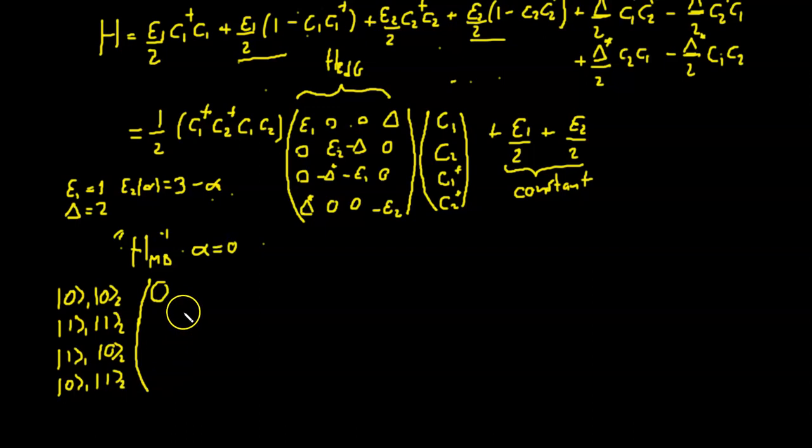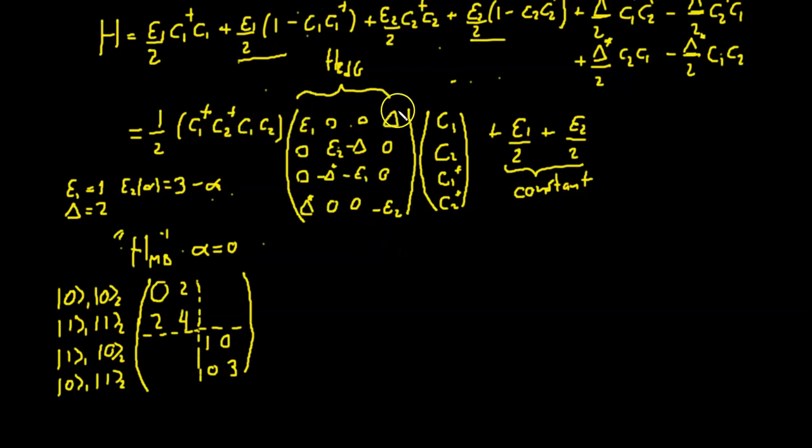So this is going to be 4, and this is going to be 2, and this is going to be 2. This is my first block. And my other block is just 1 and 3. Now let's do the BDG Hamiltonian in a completely different basis.